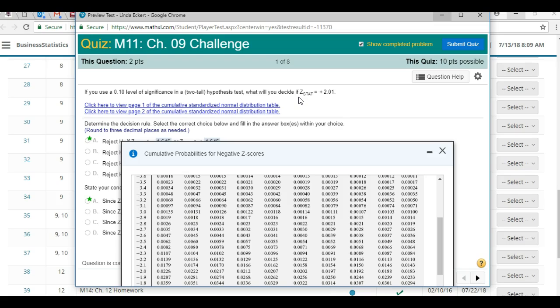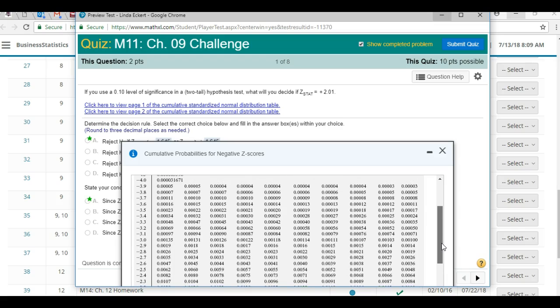In this case, you would go to the negative table because you want to find 0.05 in the middle here. Now it takes a little bit of digging. Let's see, where did we go? Hold on, I'm way too low, aren't I? I think I need to come up.